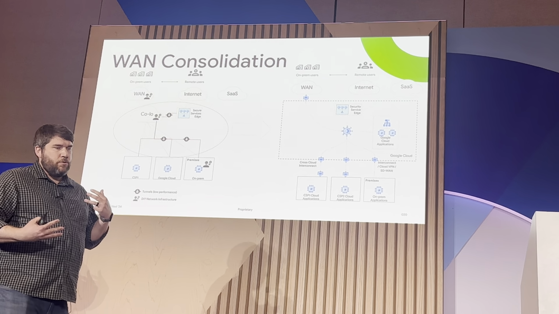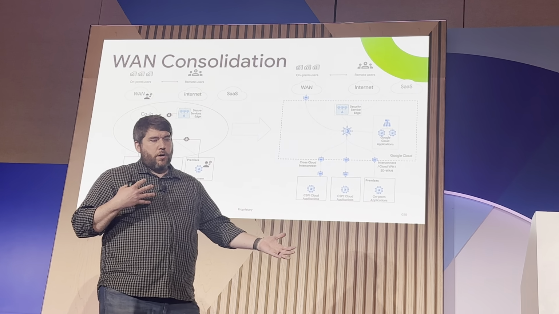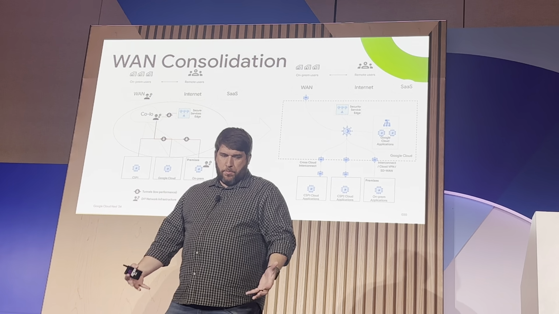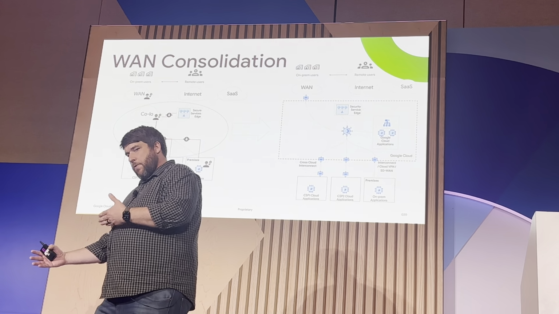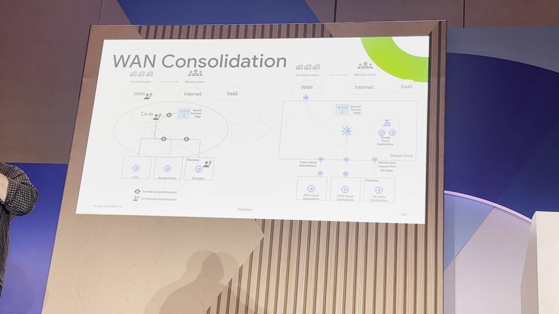This allows us to reduce everything you see in that circle on the left, which is a collection of hardware, MPLS we manage, multiple circuits across multiple locations, and pulls us into the right, where we are able to adopt that secure services edge model.